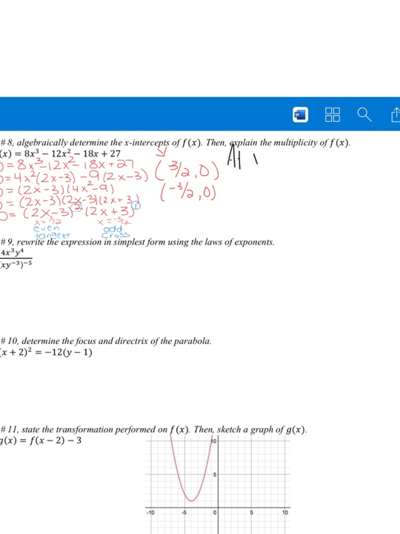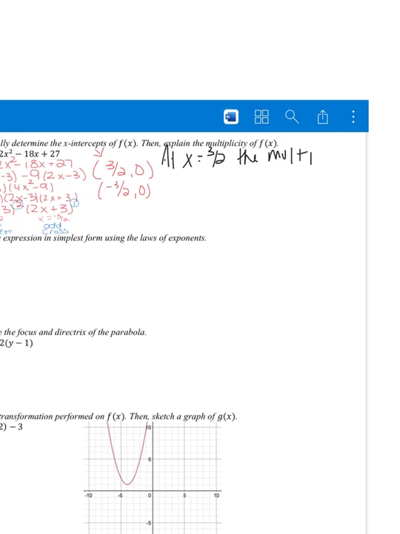at x equals 3 over 2, the multiplicity is even.